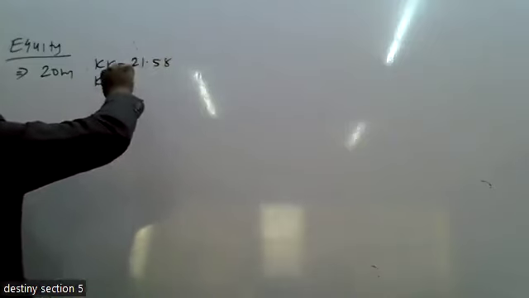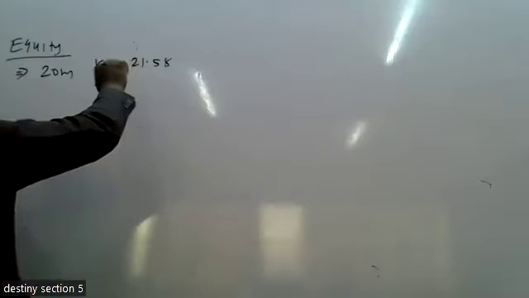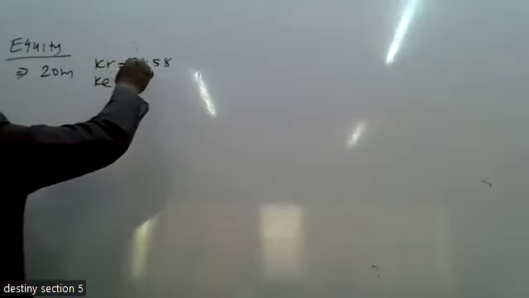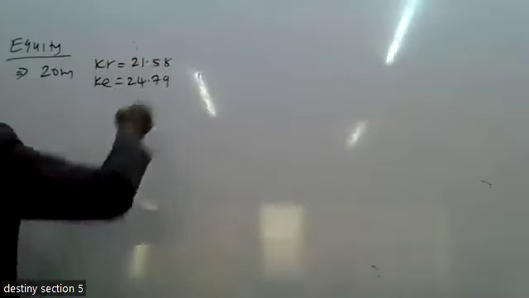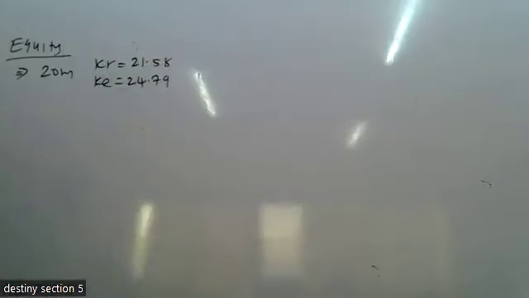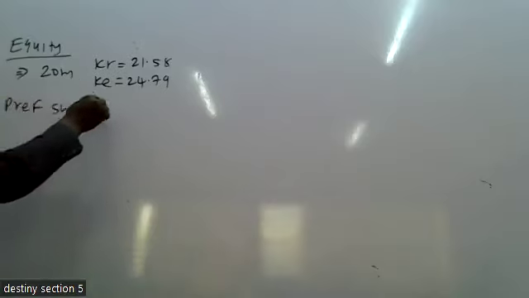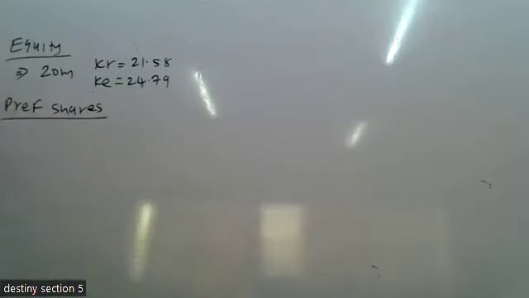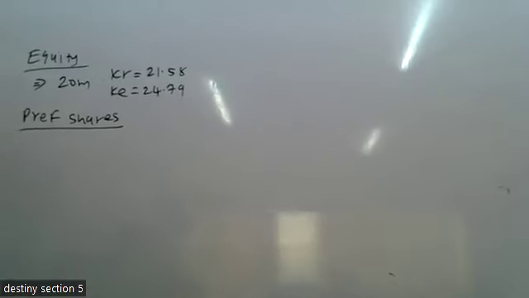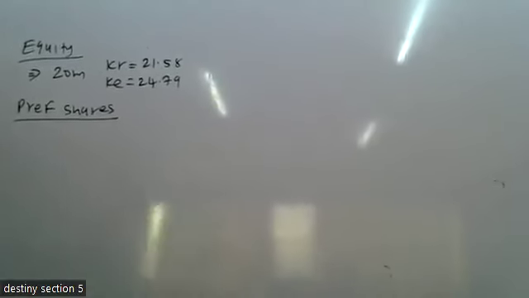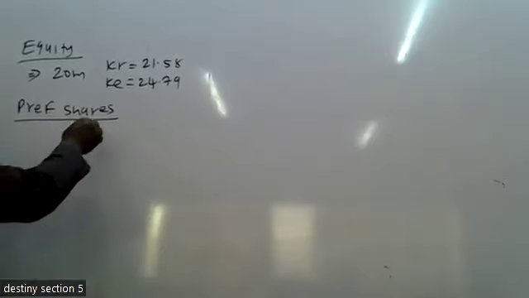Then for the ordinary share, 4.79. So that is for equity. Then preference shares: there was no breakpoint for the preference shares, so we shall just apply it to all of them.